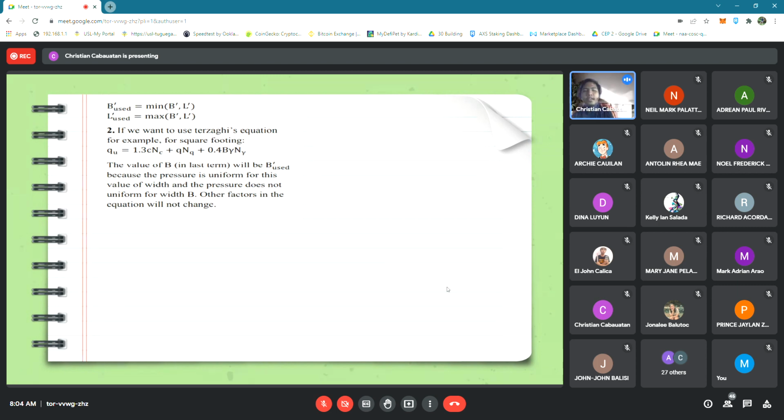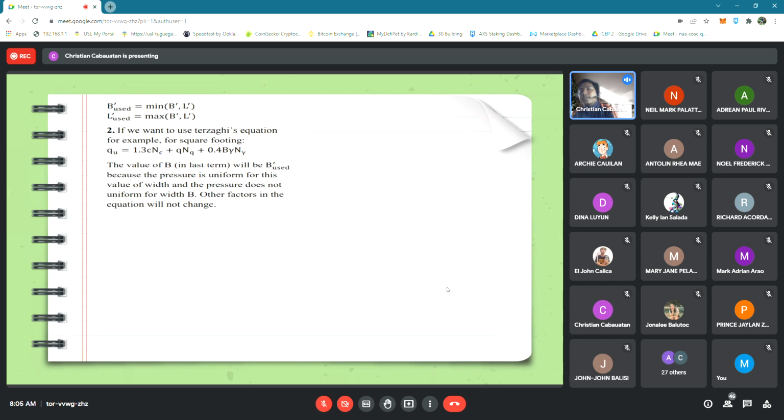For an example, for square footing, it is 1.3 cNc plus qNq plus 0.4 gamma B N gamma. For strip footing, it is equal to cNc plus qNq plus 0.5 gamma B N gamma.